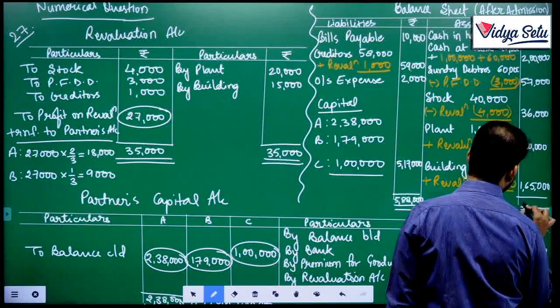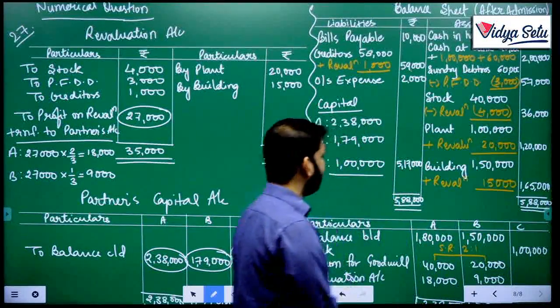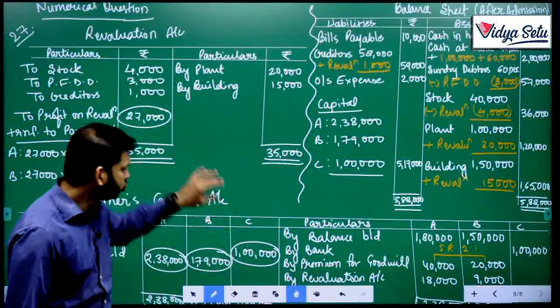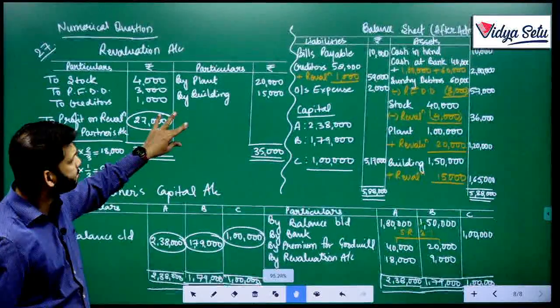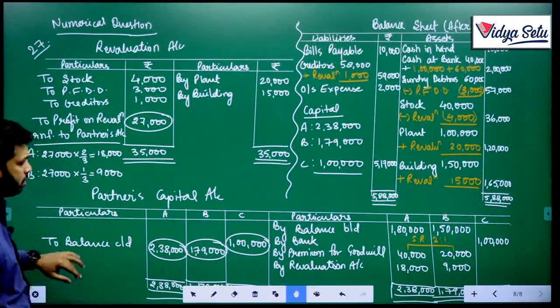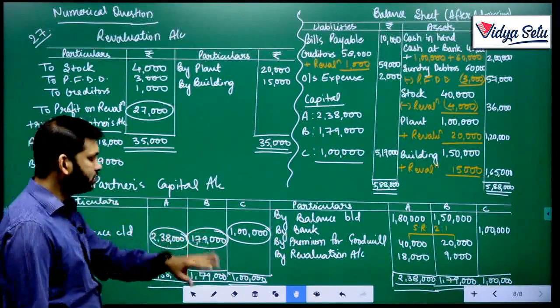Yes, the balance sheet is tallying at 588. Okay, this is how the entire accounts need to be done. I'll just show you once. But still the question is not yet over.